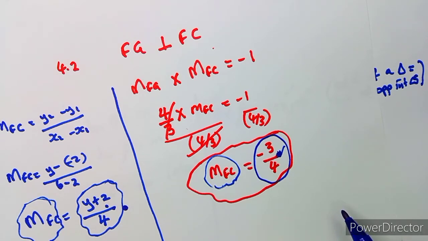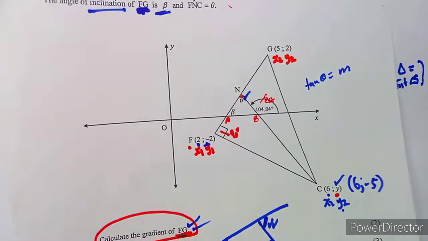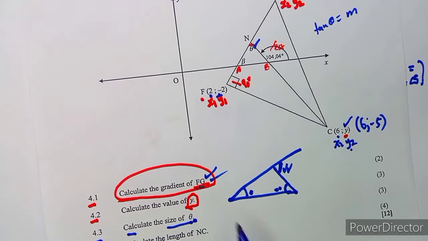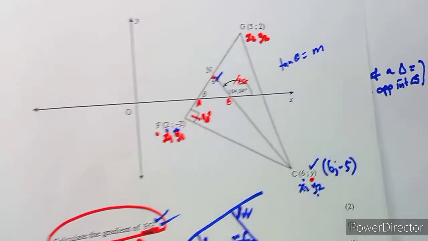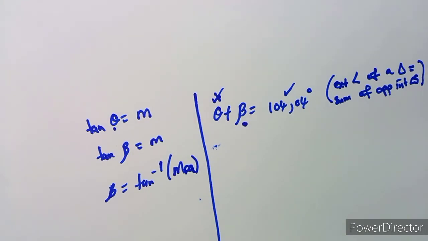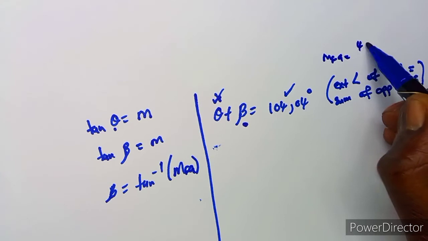It's FC, this one, or it's the other way, not FC but FG. I'm referring to FG, this one already. FG is the first part that we did, and it was 4/3. Okay, if you still remember, guys, that was 4/3.